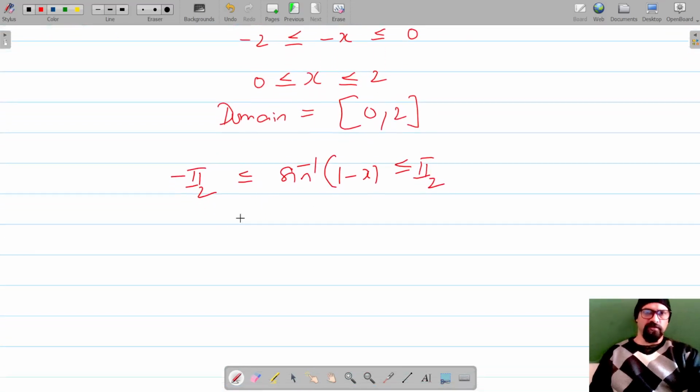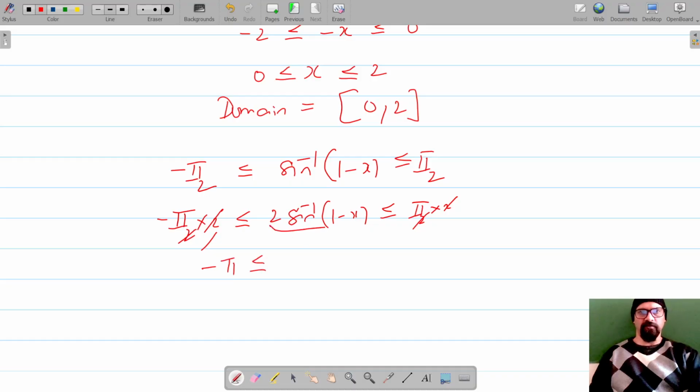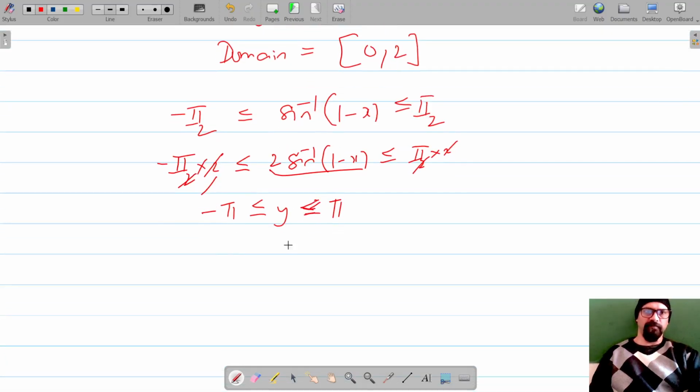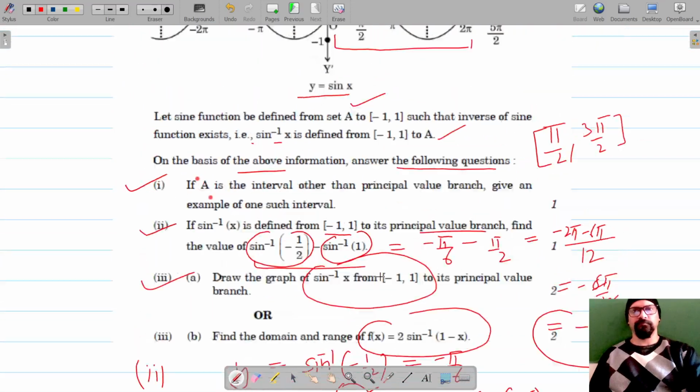So I'm going to multiply each and every term with 2, which gives me minus pi is less than or equal to y, which is less than or equal to pi. This is our range. So we can say that the range is minus pi to pi.